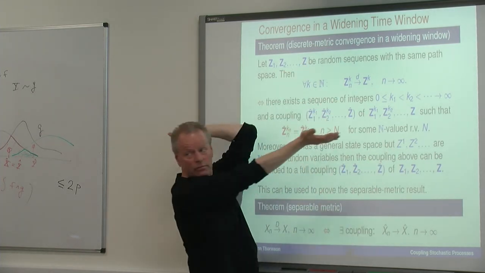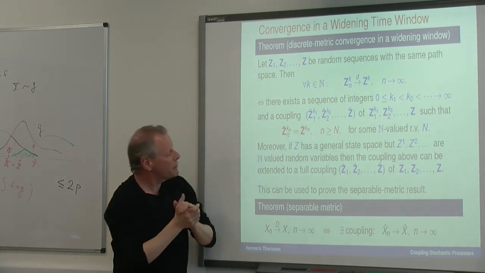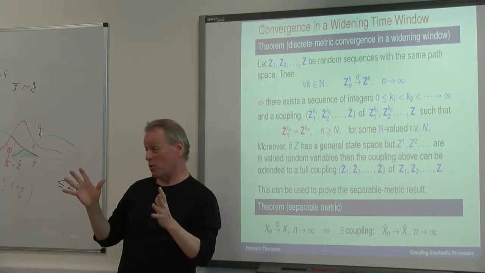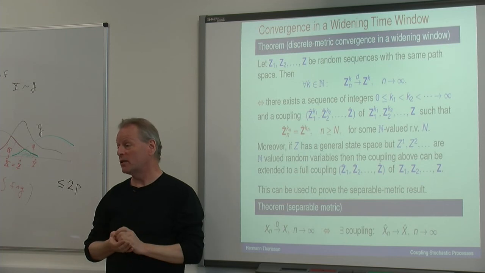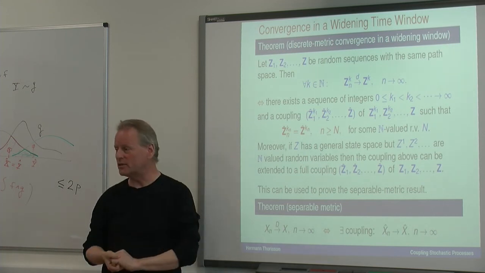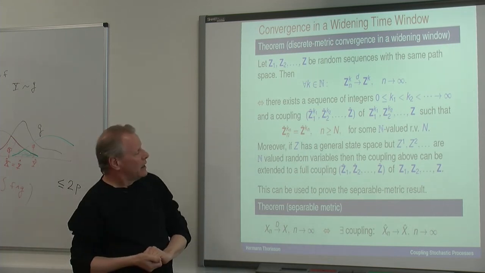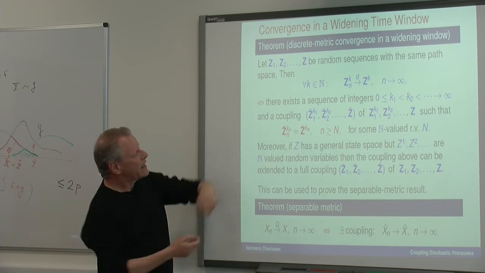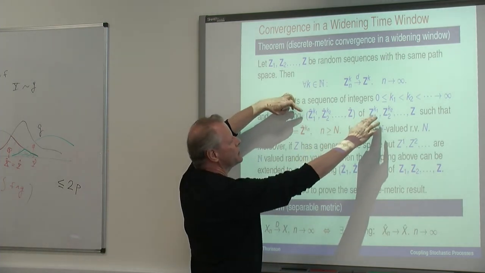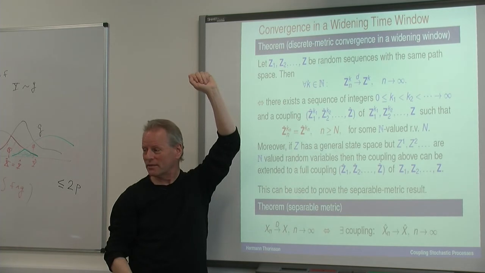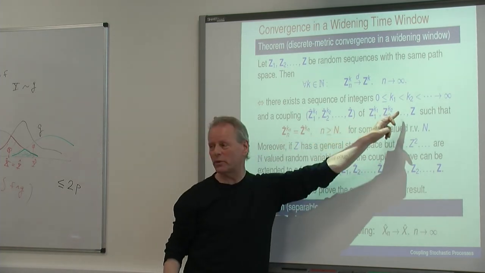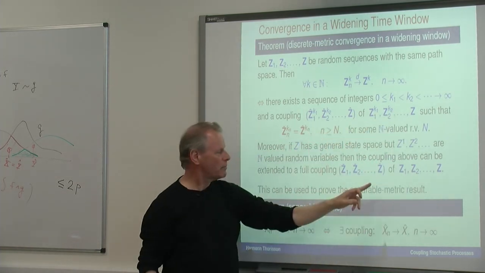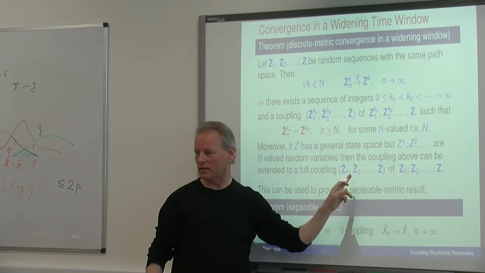These are the other variables. So if the other variables are N-valued, so the important thing is that they are countably valued, so cleaner to call it N, then we can extend this coupling, which is sort of a truncated coupling. It's only of the finite windows. We can make it a coupling of the whole thing.